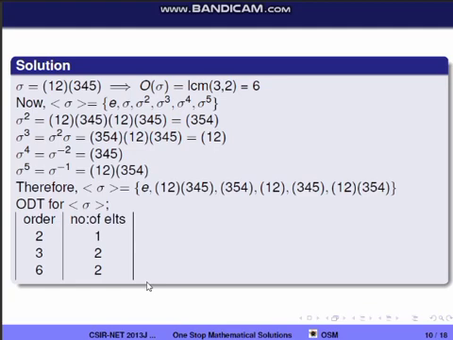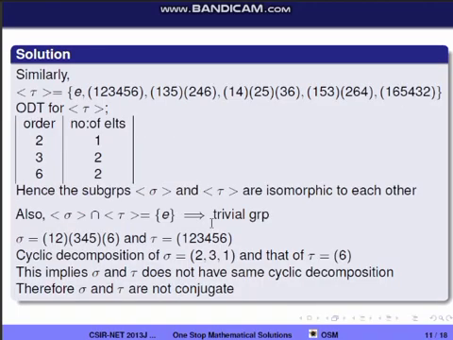So this is the order description table for sigma. Similarly, we are finding the cyclic group generated by tau and its order description table. Here I have not told in detail about the cyclic group generated by tau, but you have to check whether these elements are coming and find the order description table for tau.